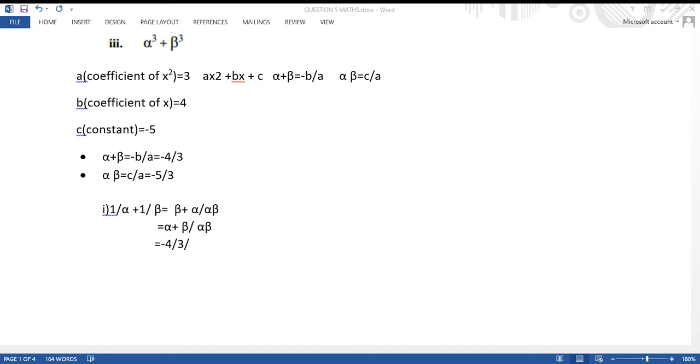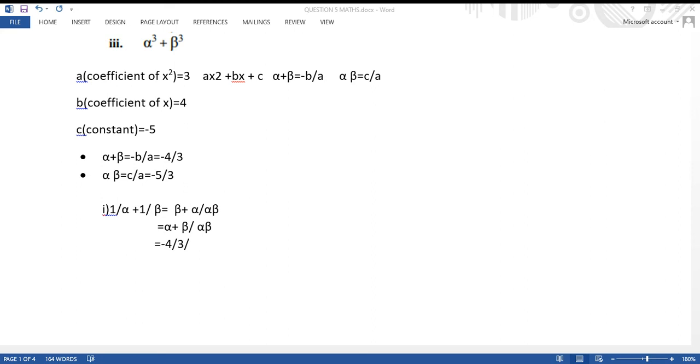So since it's written as alpha plus beta equals negative b over a, here in our numerator we just rearrange them. We bring the alpha in front plus beta, over alpha beta.